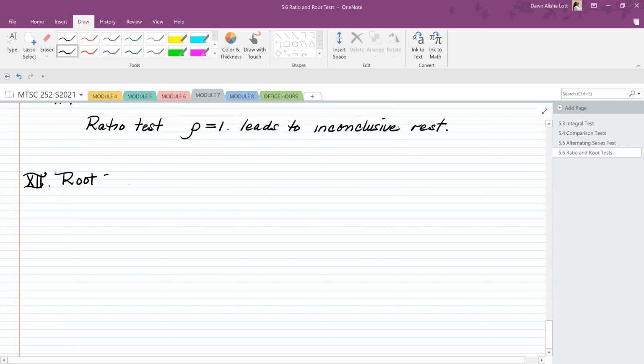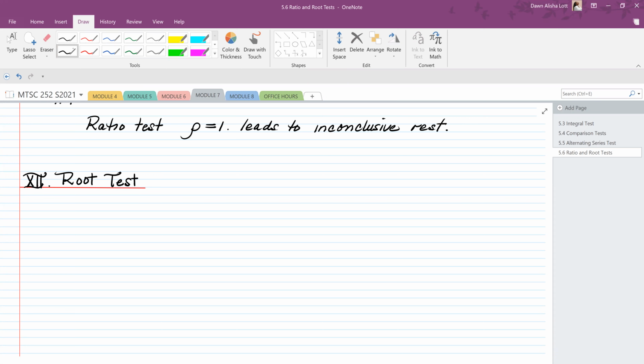I love the ratio and the root test, but the root test, man, this test is quick and dirty. It does its job. It swoops in, does its job, and leaves. That's the root test.